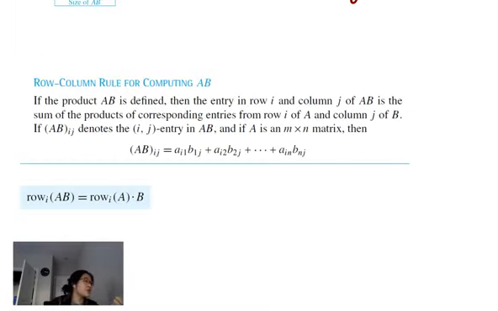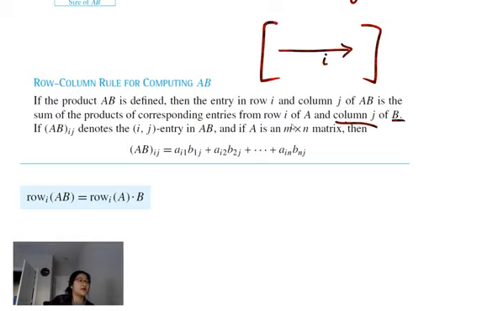If we do know that AB is defined, then our entry in row i and column j of AB is the sum of the products of the corresponding entries of row i of A and column j of B. So A has a row i and B has a column j.